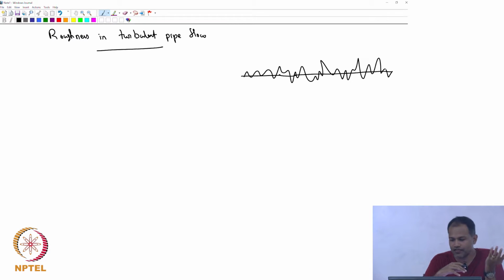Let's define a length scale epsilon, which is a measure of this roughness height. You can imagine epsilon is some average height or root mean square height, some typical height of the roughness.